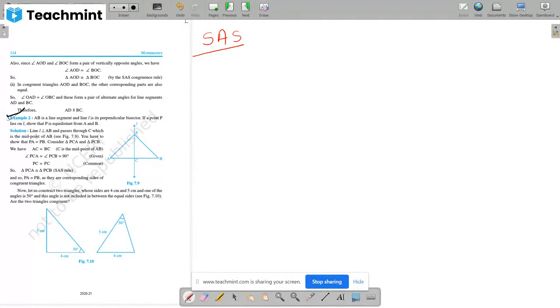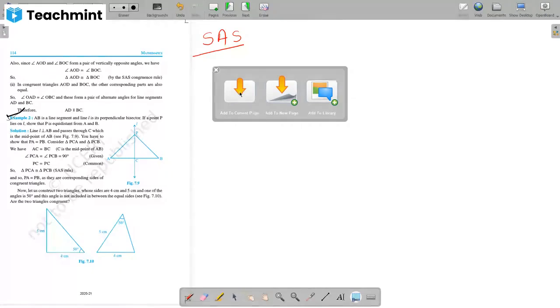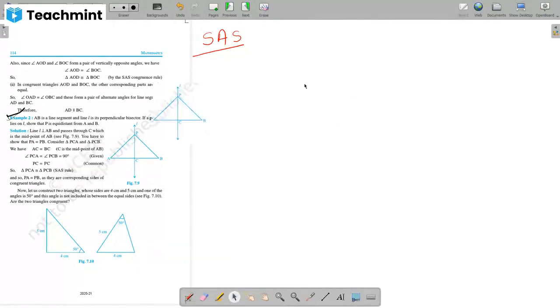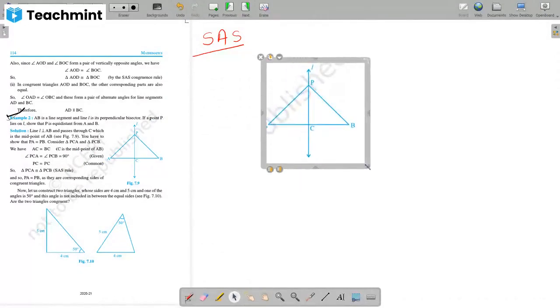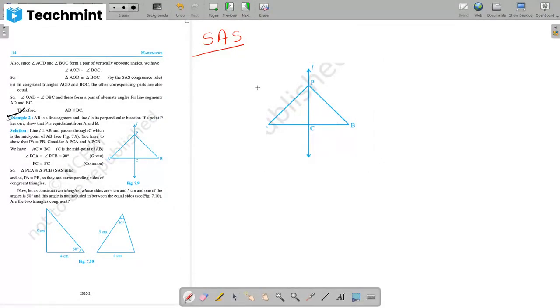If a point P lies on L, show that P is equidistant from A and B. Here we are given a figure. Let me show you here. Can you see this figure? Yes, ma'am. This point is point A.